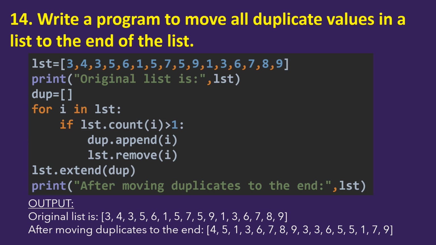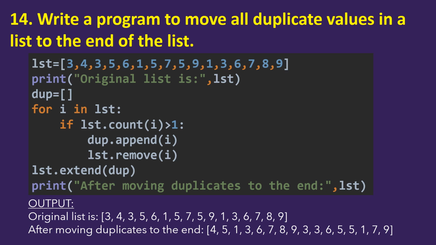So the original list is, you can see, 3, 4, 3, 5, 6, 1, like this. And after moving duplicates to the end, the list becomes like this. Your initial entries are the unique entries like 4, 5, 1, 3, 6, 7, 8, 9.